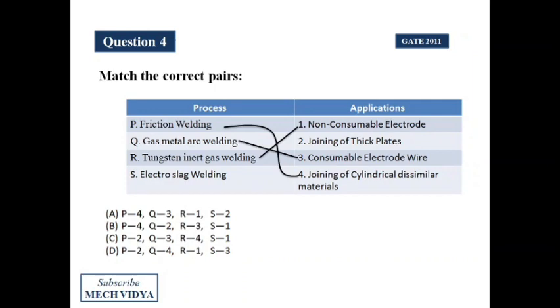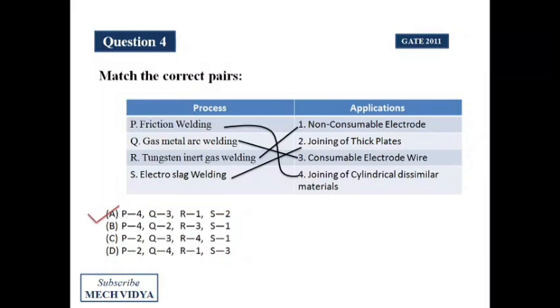And the final one, electroslag welding. Electroslag welding is a specialized welding technique which is used especially to join very thick plates. So it will be connected to option number 2. I will make a separate video on electroslag welding. Okay, so the correct option is option number A.